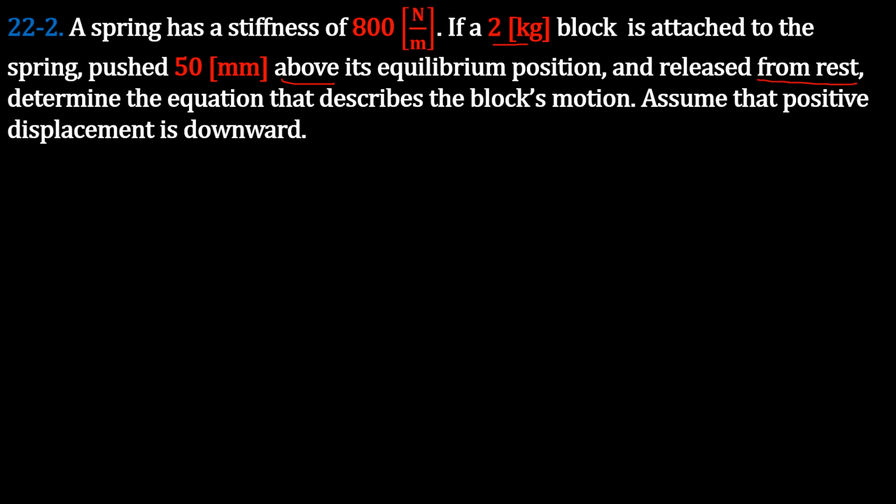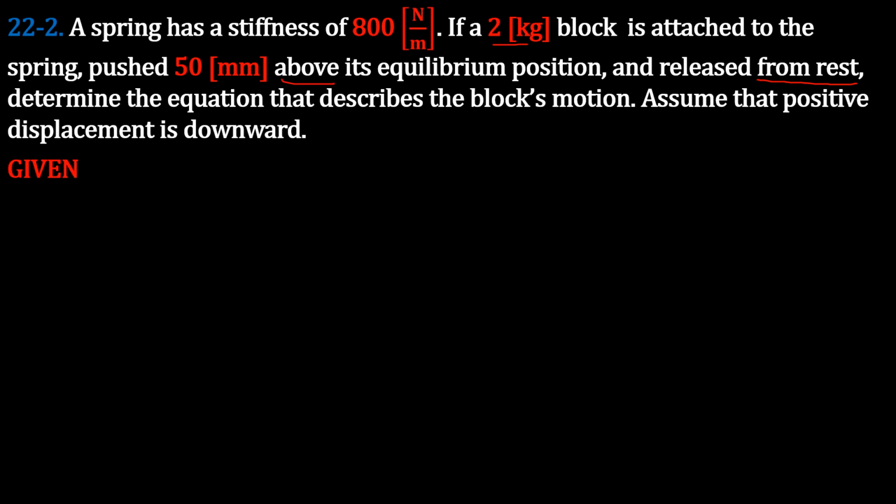Now, in the previous problem, the block of mass was released when it reached a velocity of 1.5 meter per second. But here you displace the block and then you stop, then you release it from rest. Determine the equation that describes the block's motion. Assume that positive displacement is downward.